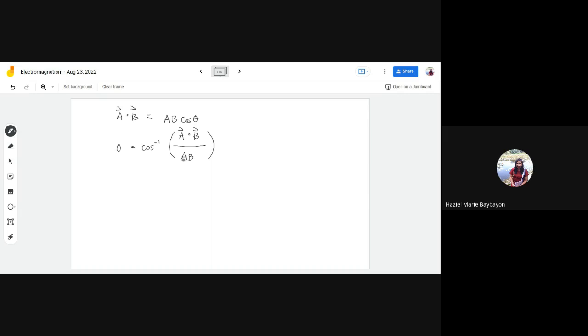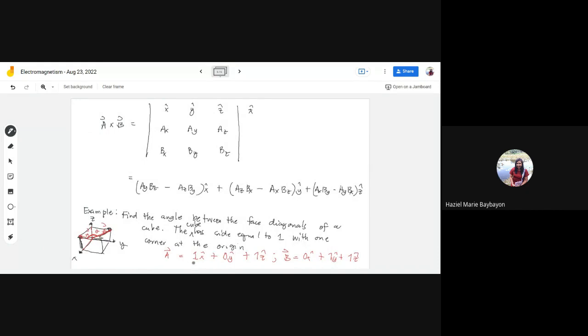So we have this one. Now, we need to know the dot product A dot B. And then we also need to know the magnitudes of A and B, so that we can multiply A and B. Okay, so A dot B is equal to, according to the rule, we have to multiply like components, meaning 1 multiplied by 0, 0 multiplied by 1, and then 1 multiplied by 1.